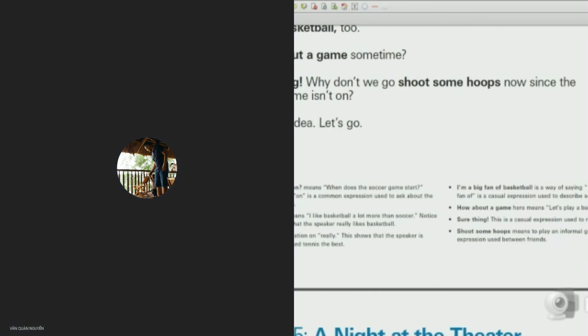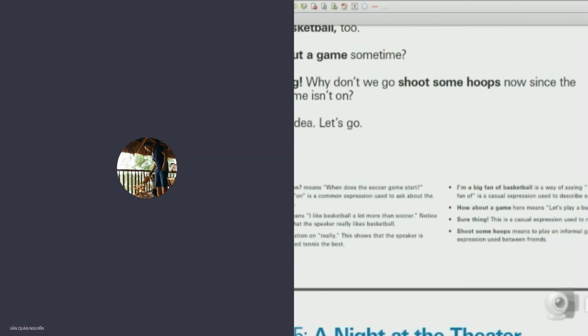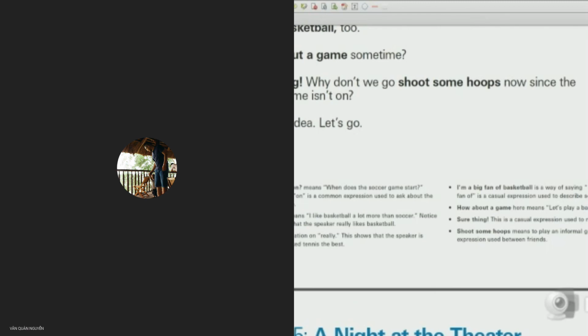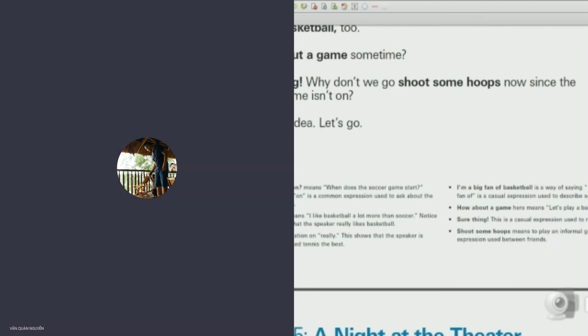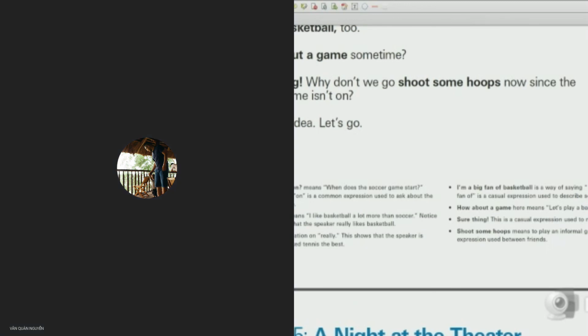Here, it means I like basketball a lot more than soccer. So when you say prefer, I much prefer basketball, or I much prefer something, you like something more than the other thing.